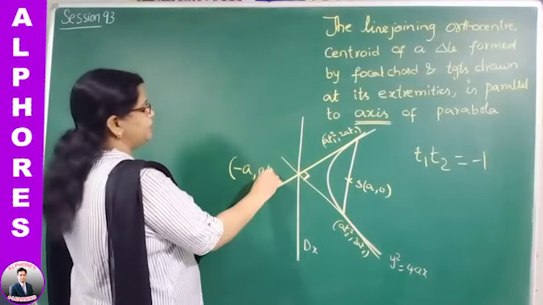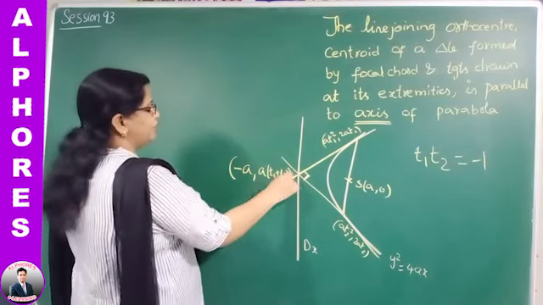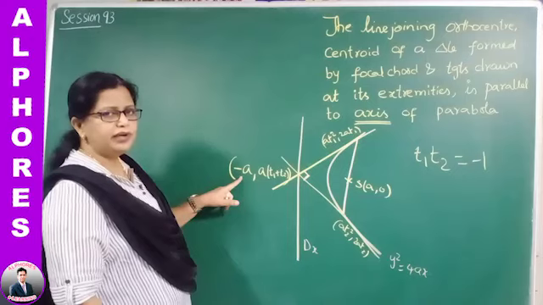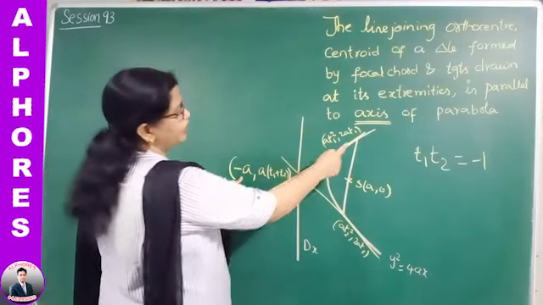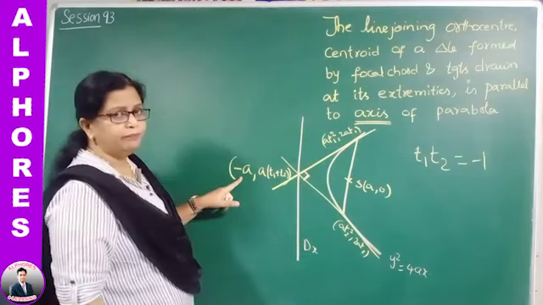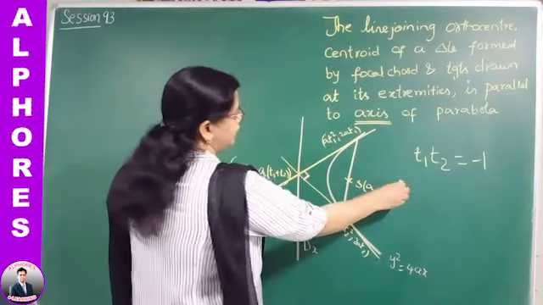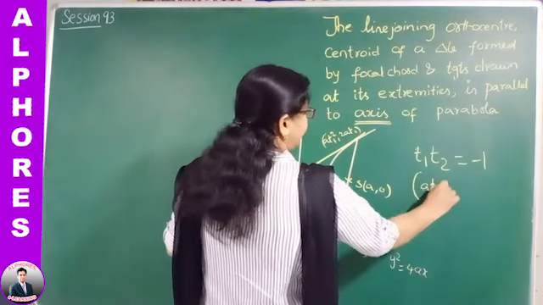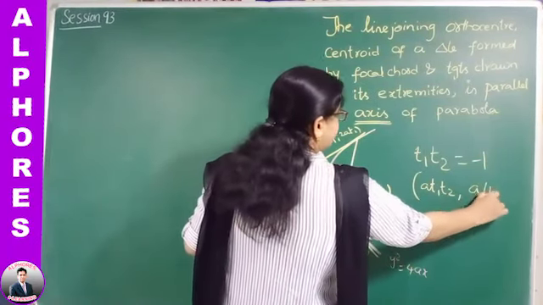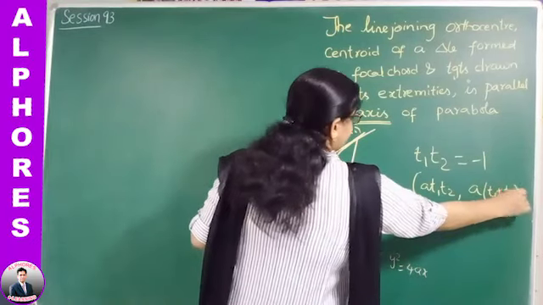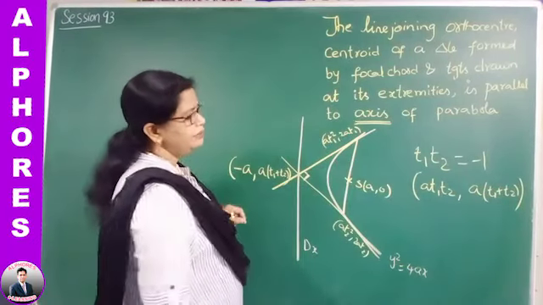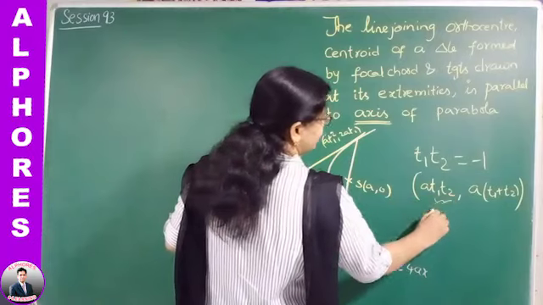It is a into (t1 plus t2). Okay students, so this minus a you got because the chord is a focal chord. Therefore in the formula (a t1 t2, a into (t1 plus t2)), which is the point of intersection of tangents drawn at t1 and t2, we have taken this value as how much here?